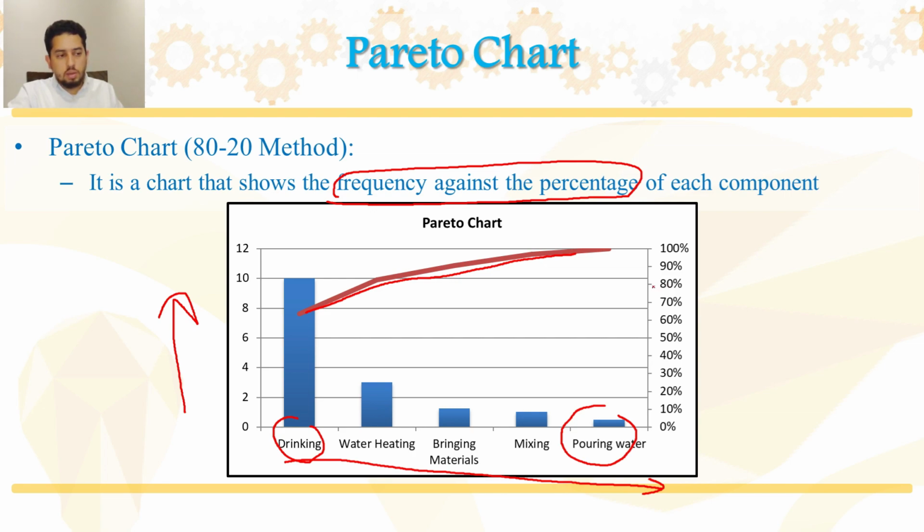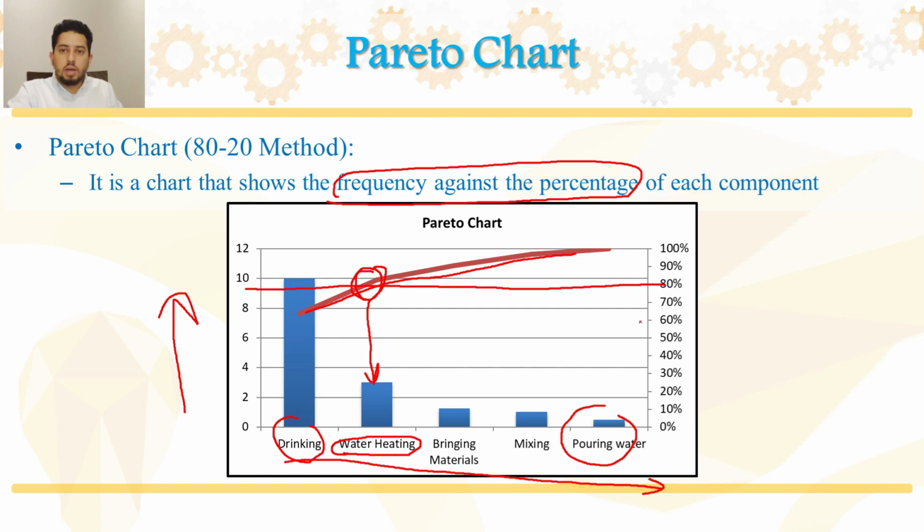What we usually do in the Pareto chart is go to 80%, draw a line, and see where the intersection is, which is here. So 80% of my process is wasted on drinking and heating the water. If I reduce those two, my process will be less wasteful.